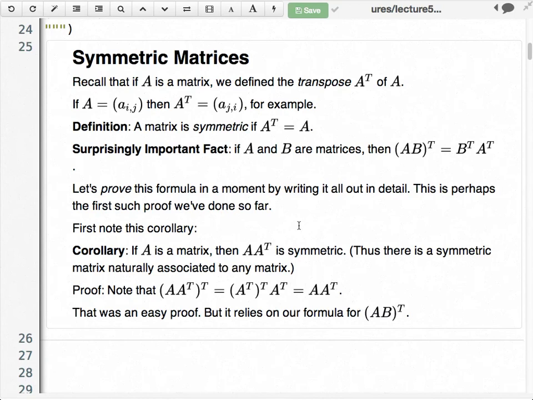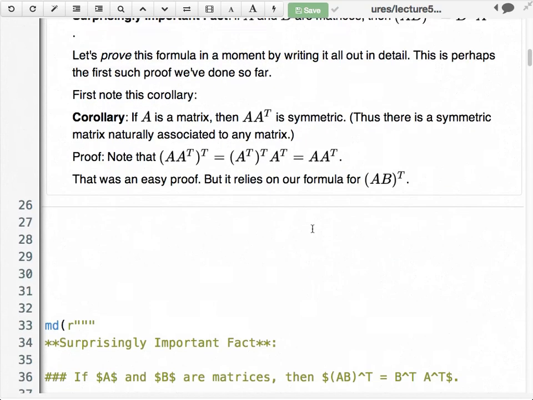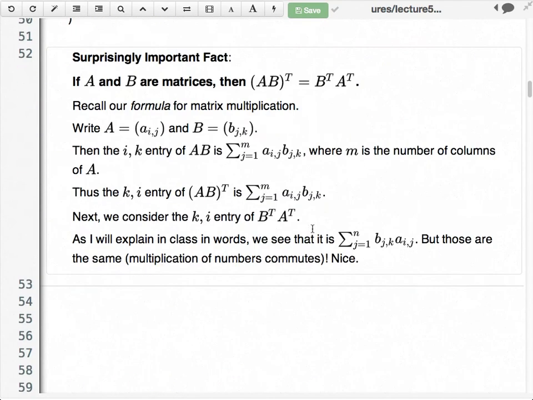However, if we simply write down the definition of the ij entry of the product of two matrices, which I introduced to you earlier this week, then you just do it on this side, and you do it on that side, and you notice a little algebraic identity, then it will give us that this has to be true for all matrices. So let's do that. And I've written it on this slide also, right here.